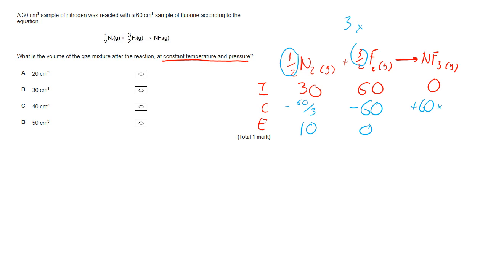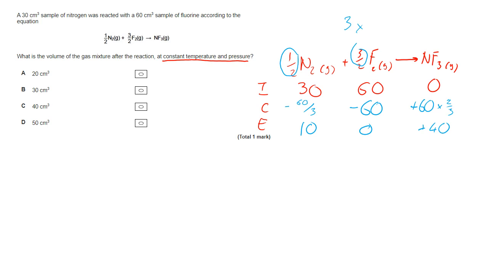But then what do we have to times or divide it by? Well, we're going from 3 halves to just 1. So times by what you're going to, which is 1, divide by what you're coming from, and dividing by 3 halves is the same as timesing by 2/3. So I've got 40 centimeters cubed of my NF3.